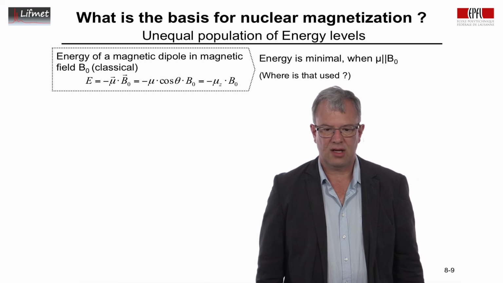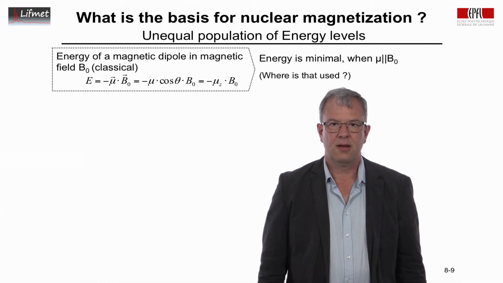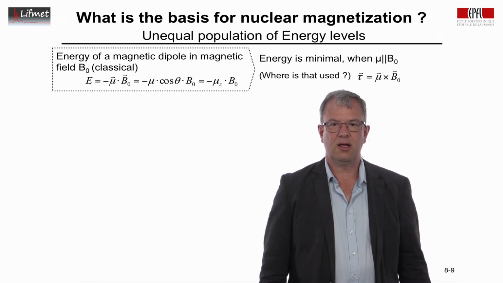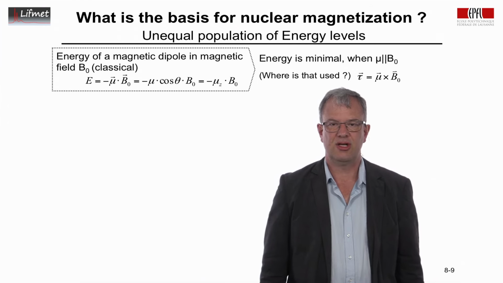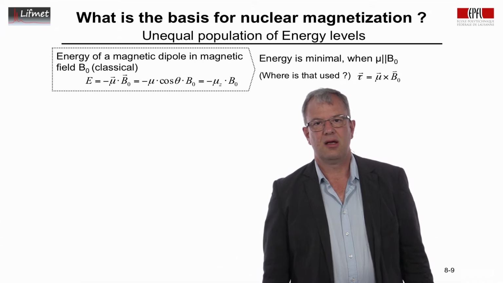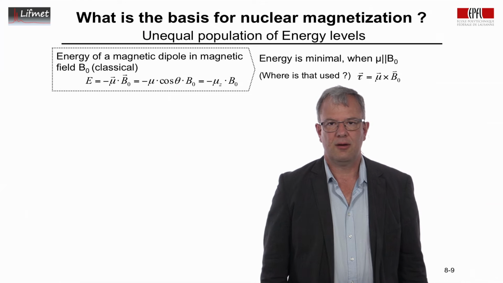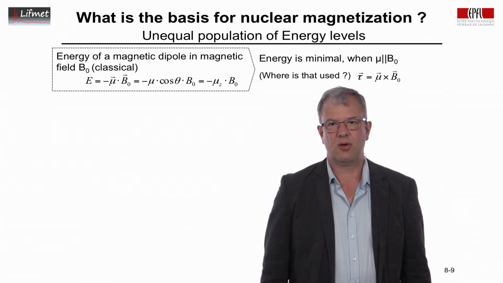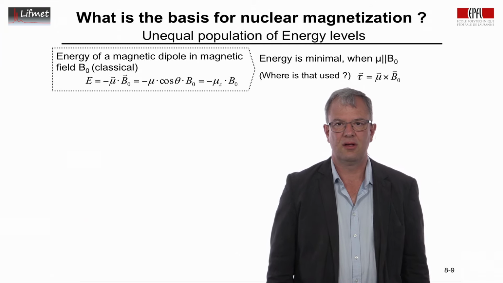So that was used in navigation. Now, what's behind this is that a dipole will align itself to find the minimal energy, and there's a torque exerted on the dipole that is given by the vector product of the magnetic dipole with the external magnetic field.